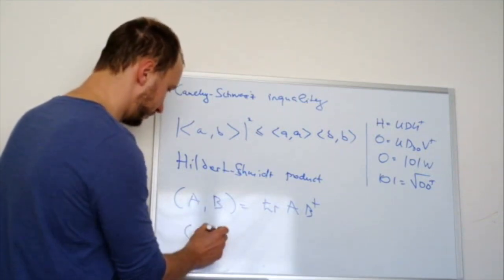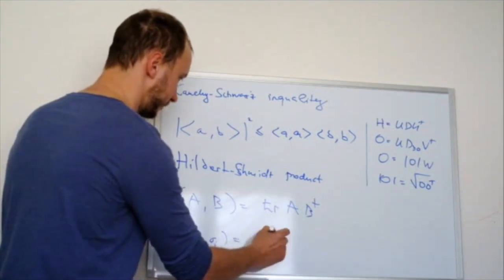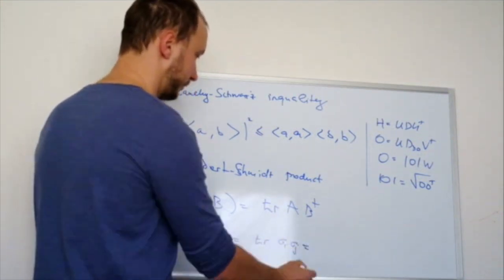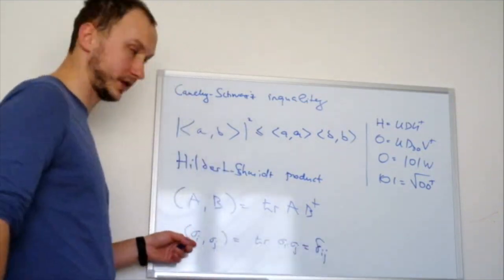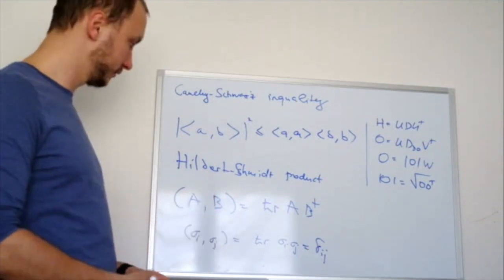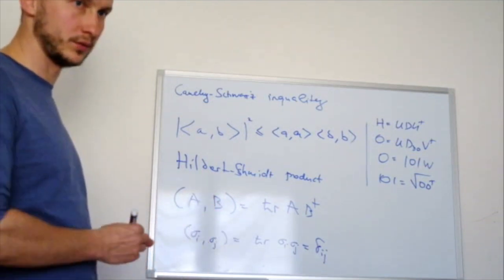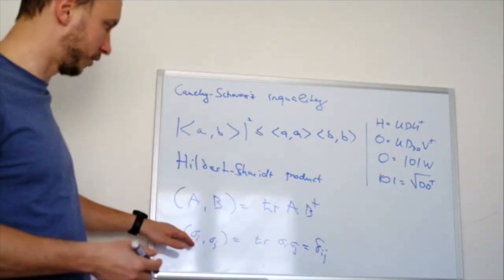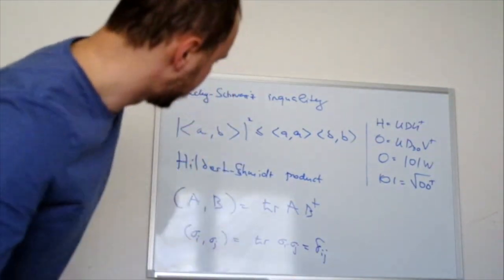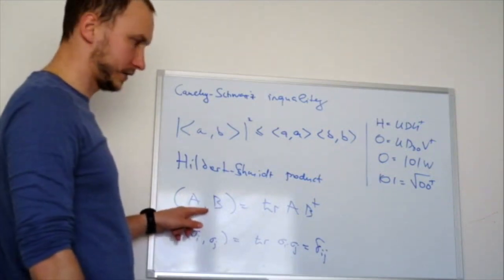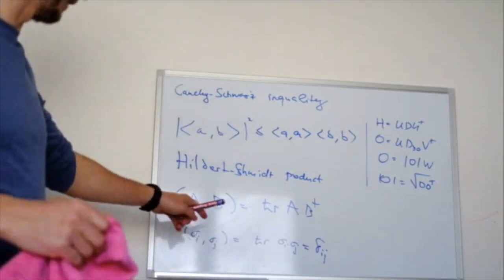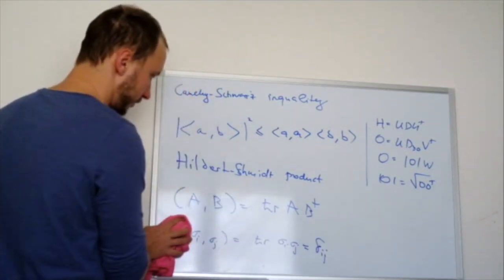The Paulis are orthogonal, and this just means that the trace of sigma i sigma j dagger is equal to delta ij. So Paulis are an orthogonal basis in the space of qubit Hermitian operators. If you use complex phases, then we get complex coefficients. Okay, so this is the Hilbert-Schmidt product, which you all met already, but maybe didn't know the name.